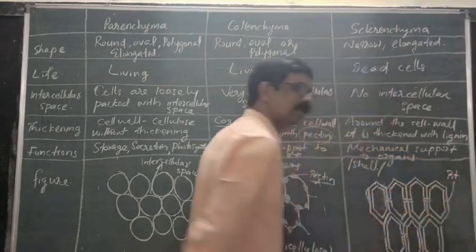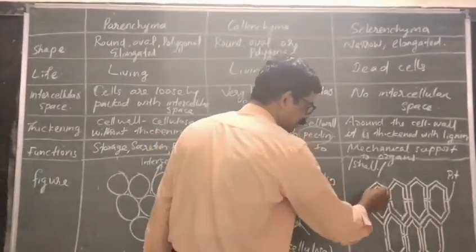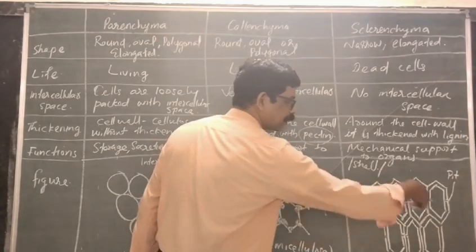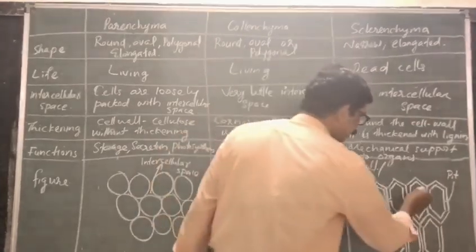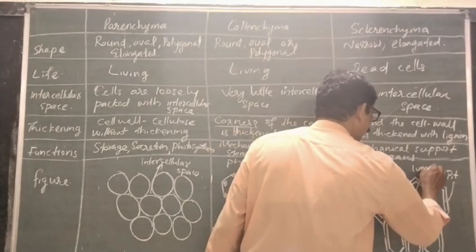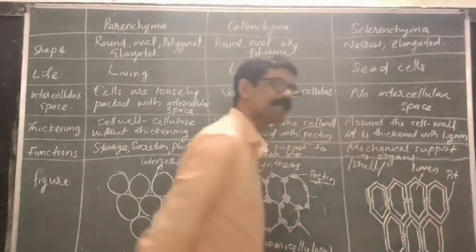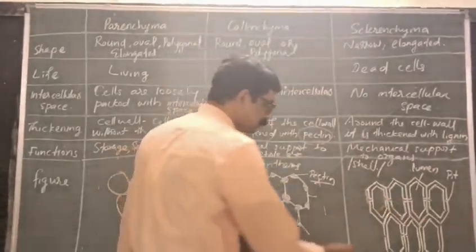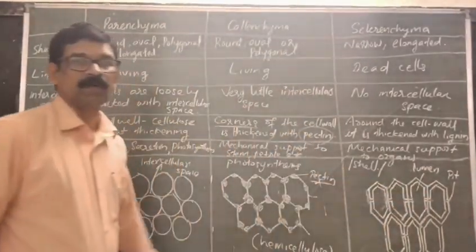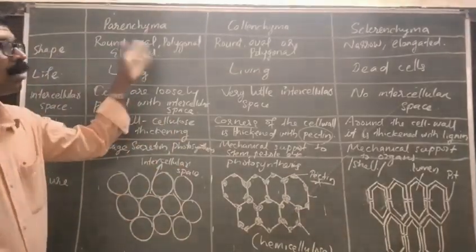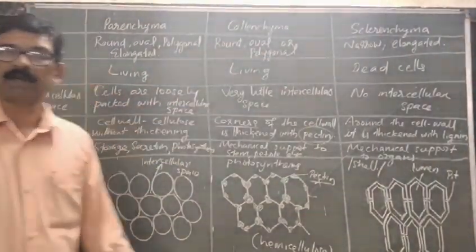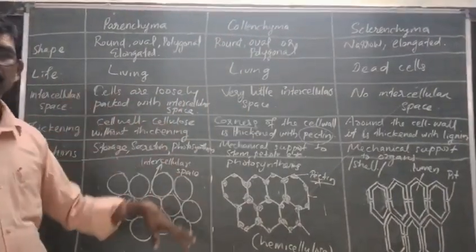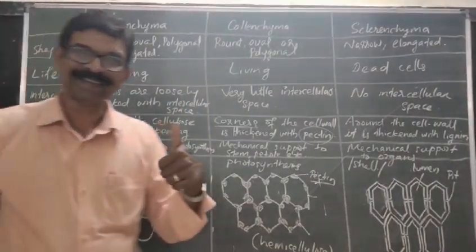The thickening will be all around the cell wall, and this inner region is called the lumen, the inner space of the cell in sclerenchyma. So this is the structure of parenchyma, collenchyma and sclerenchyma. From this we can describe each one and make the comparison. Okay, thank you.